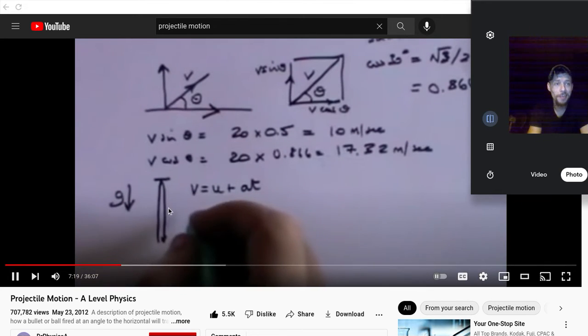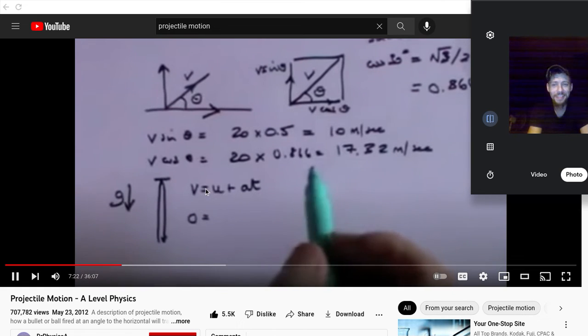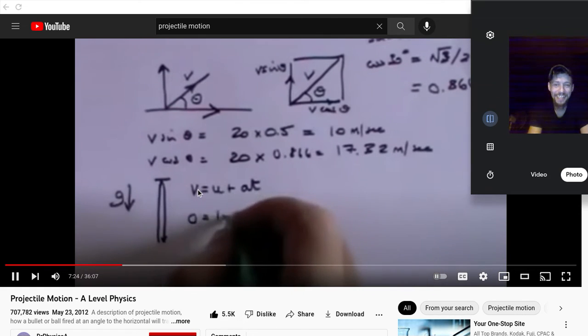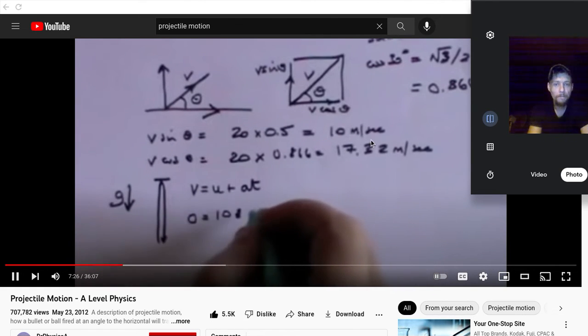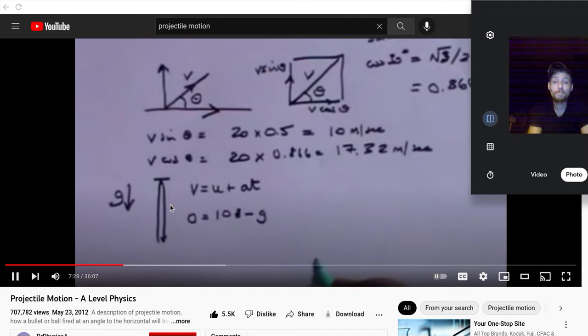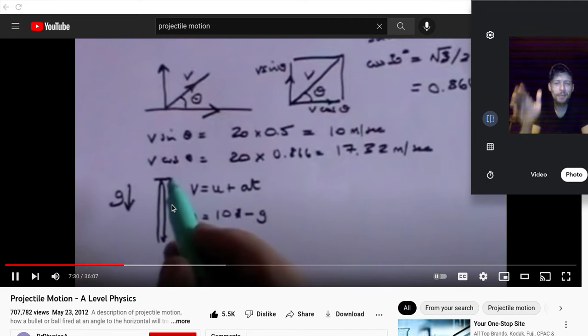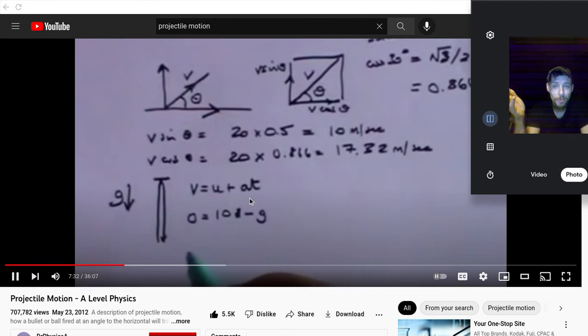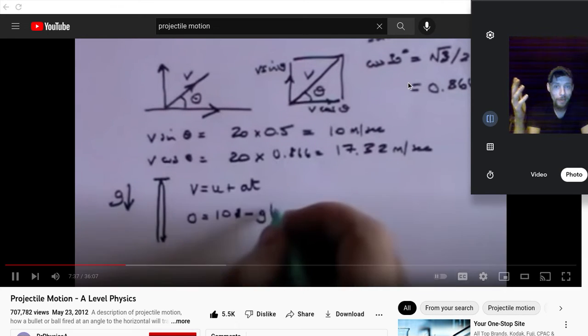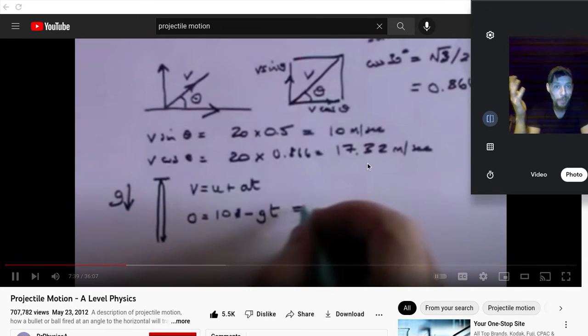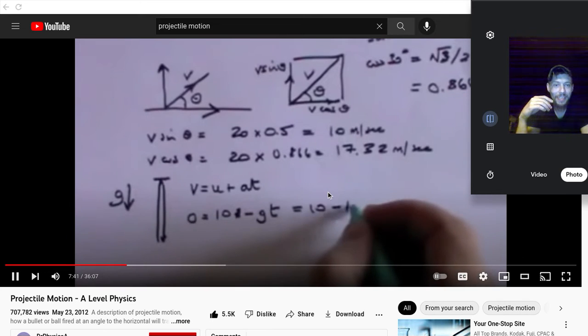So what we've got is 0 equals 10, plus A, but of course it's minus G, because V is acting upwards but G is acting downwards. So anything acting downwards needs a minus sign. Minus GT. And that is 10 minus G T, and we're going to call G 10.